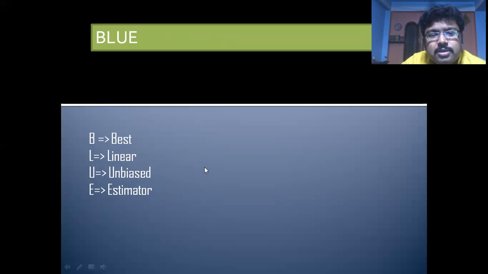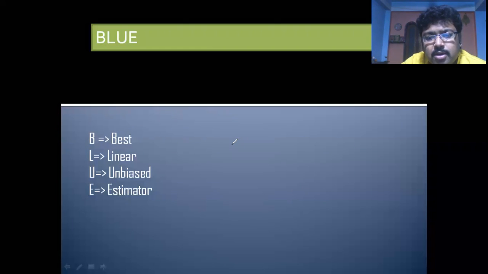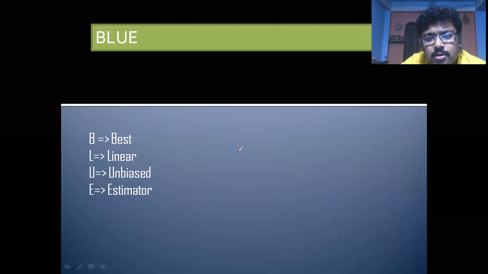Linear means, for example, suppose you have to find the mean of 1, 2, 3 and 4.